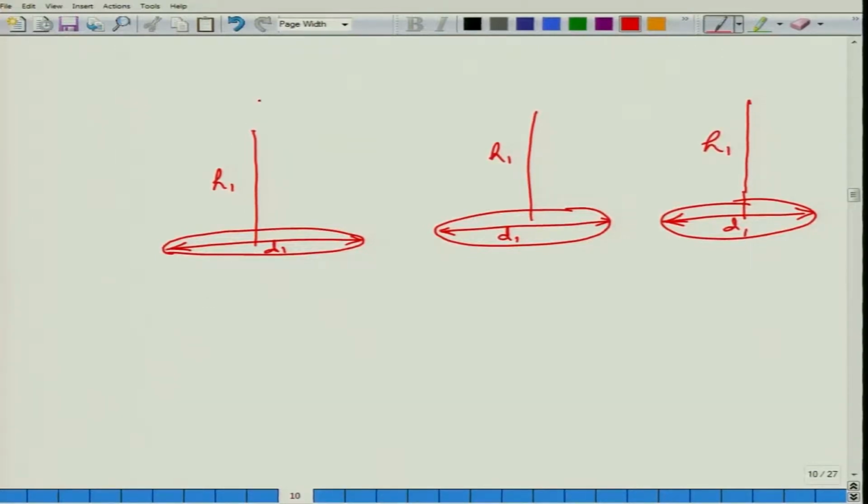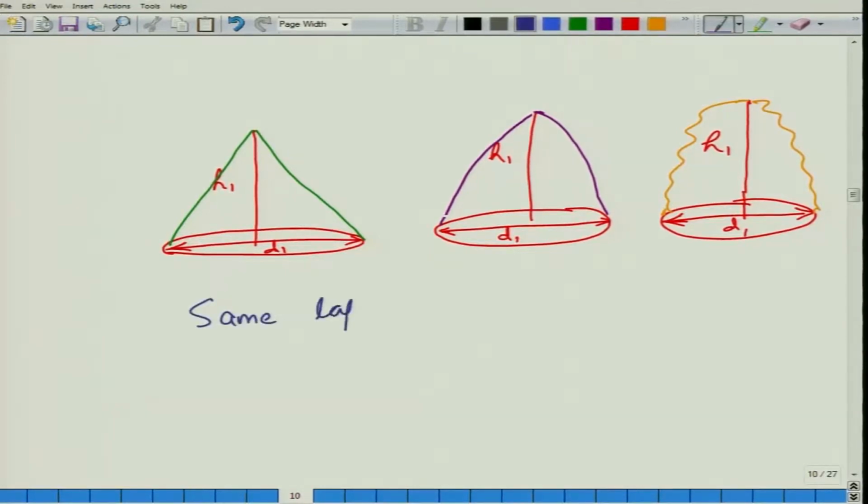Now, we could connect these say in a conical fashion, or we could connect it in a paraboloid fashion, or we could even connect it in any arbitrary fashion. Now, in all these 3 cases we would be having the same taper, which would be equal to d1 minus 0 upon h1 is equal to d1 upon h1. So, all these 3 are having the same taper, but these are different forms.